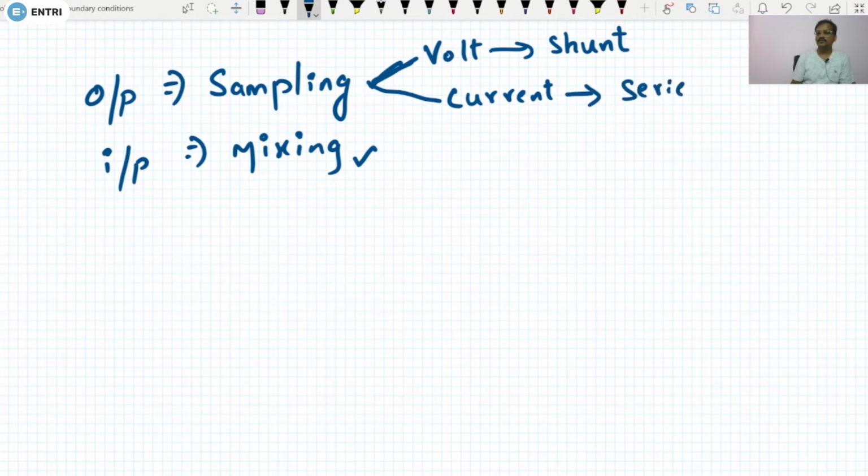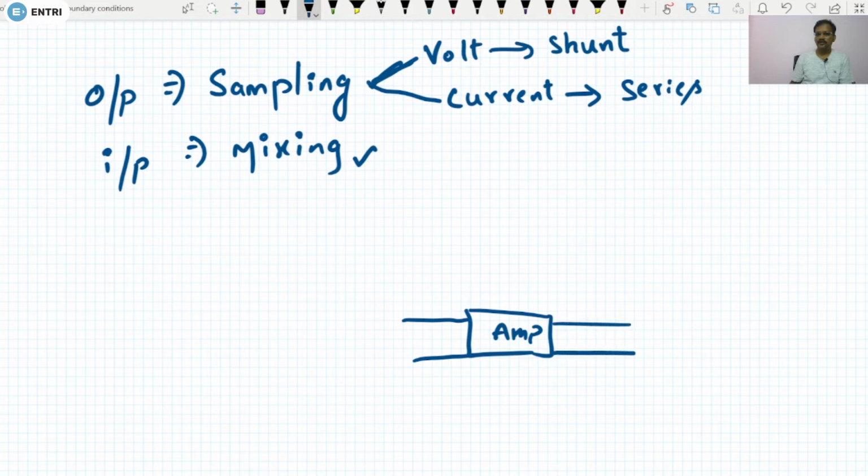So you have to take the feedback from the output through series. So this is the amplifier, this is the input side and this is the output side.